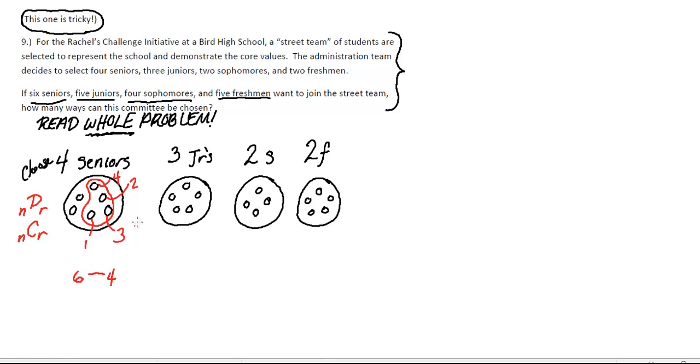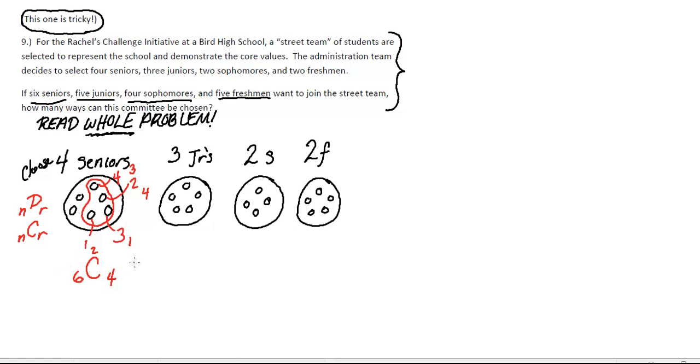Now the question becomes, am I going to be doing a combination or a permutation? Well, alright. So we chose 1, 2, 3, 4 here. Let's say I chose 2, 1, 4, 3 this next time around. Is that committee any different? Well, no, it's not. So instead of this space, what's going to go there is a combination.